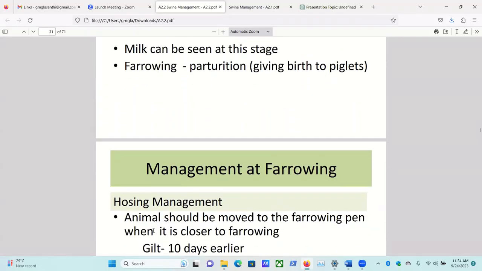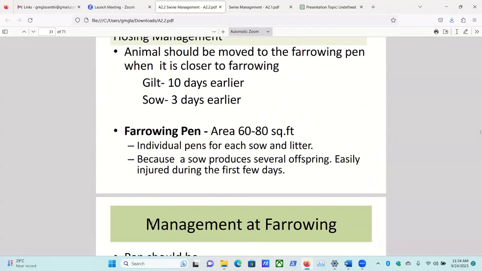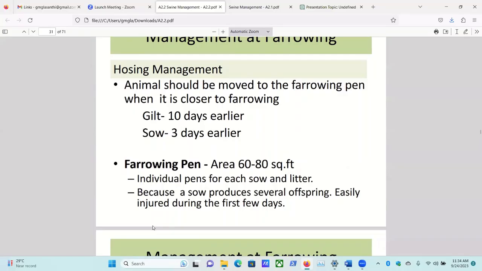At that time, farrowing or parturition takes place. So a separate pen is needed for the farrowing. The animal should be moved to that particular farrowing pen when it is close to the farrowing date.